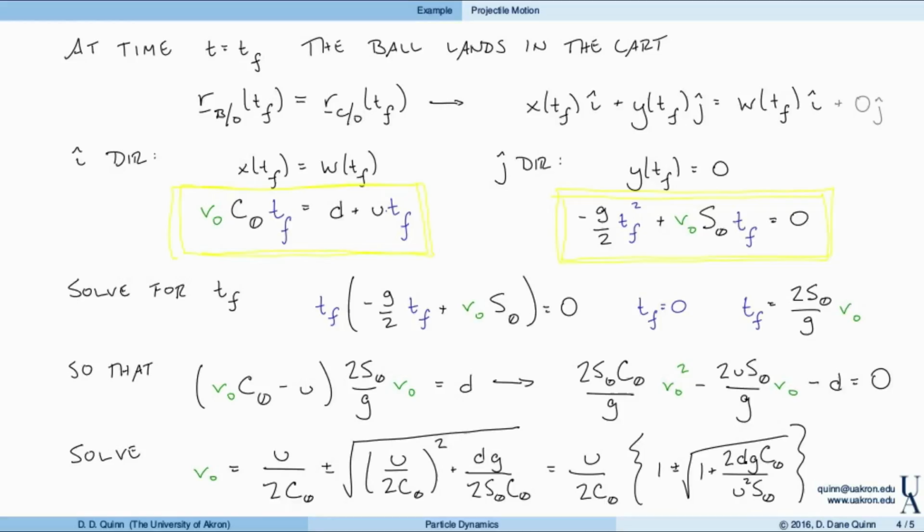Because I have 1 plus something. So again, this square root is greater than 1. Well, I have 1 plus something greater than 1, and then 1 minus something greater than 1. So the negative solution here is actually going to be negative. It will be a negative velocity. So that's not the solution we're interested in. We're interested in the solution that's positive, or the positive branch of the solution.